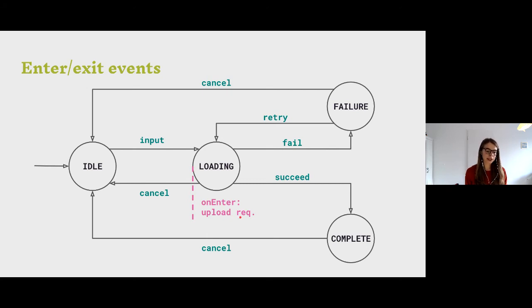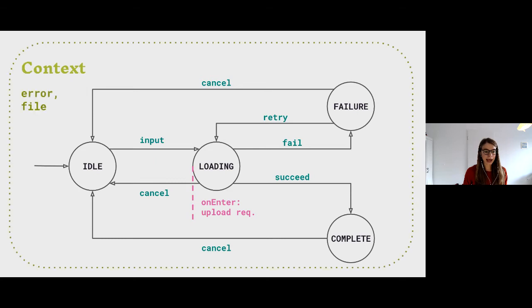Also, there is some data like error message and also file that we need to keep during the whole user flow in order to be able to display it to the user, or the file we need to be able to retrieve it. And we can enhance our finite state machine with the context, where we will store all these values that we need.